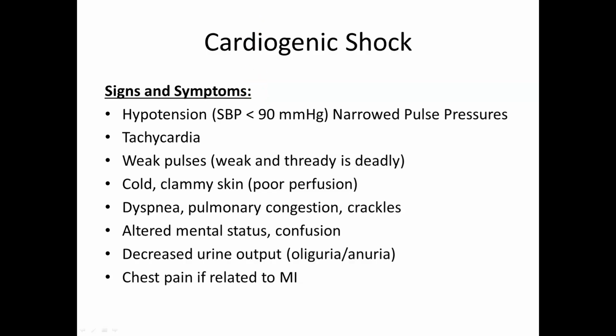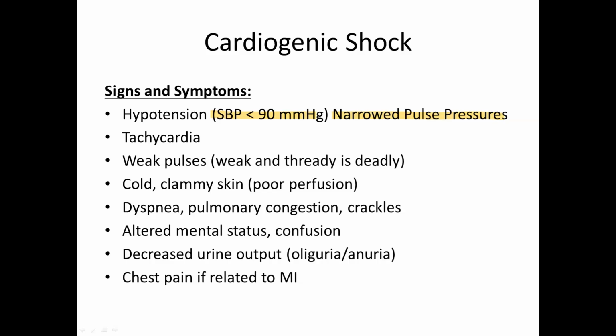So basic rules that we want to start looking for are systolic blood pressures that are less than 90. Narrowed pulse pressures. Now, we have said already that narrowed pulse pressures or widened pulse pressures are never good.